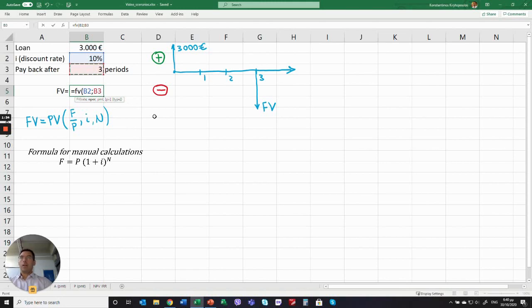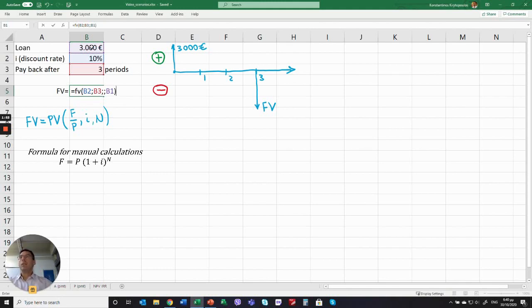In this case, there are no interim payments, so just put another semicolon, and then you have to give the present value, which is the loan that you got, that is 3,000 euros. And this is the syntax for the future value.